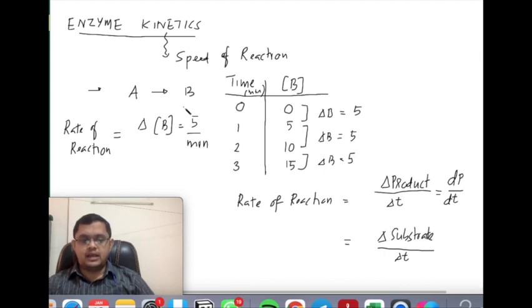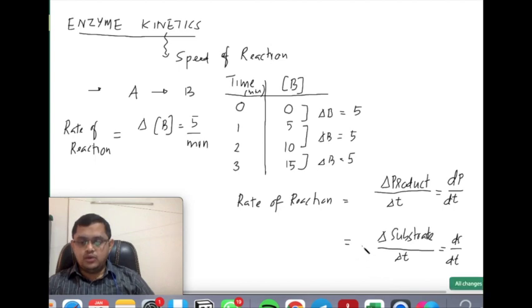Here 1 mole of substrate is converting into 1 mole of product. So if 5 moles of substrate are consumed per minute, that 5 moles of substrate is only changing into a product. In the same way, we calculate the rate of reaction as the substrate consumption per respective time. If 5 molecules of product are produced, then 5 molecules of substrate are consumed. This can be written in differential equation form, dS by dt.